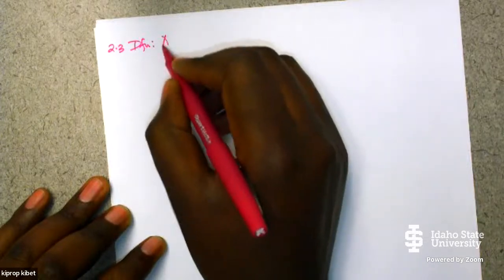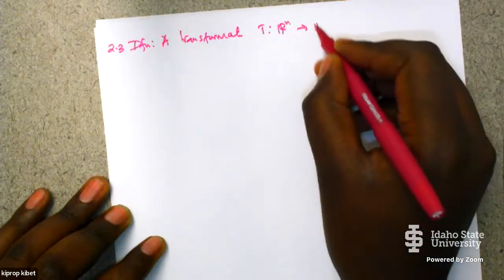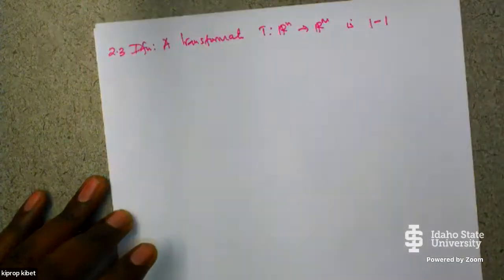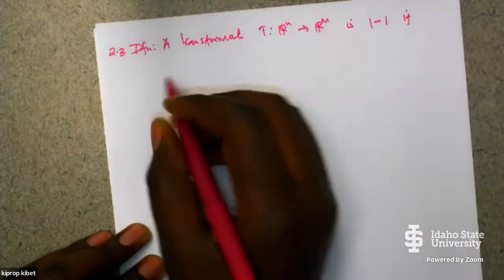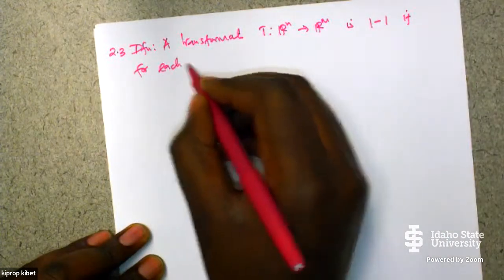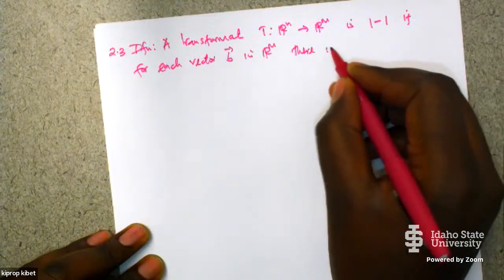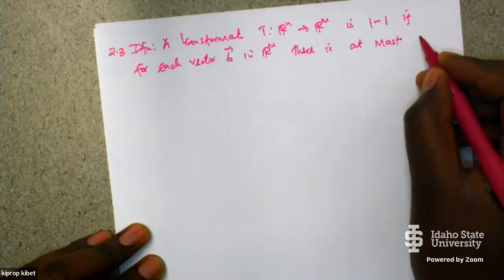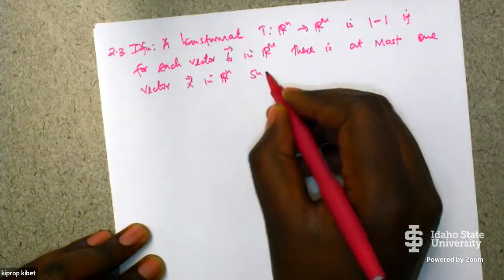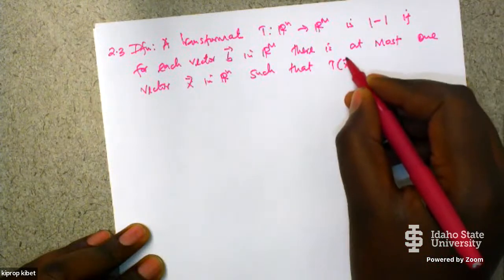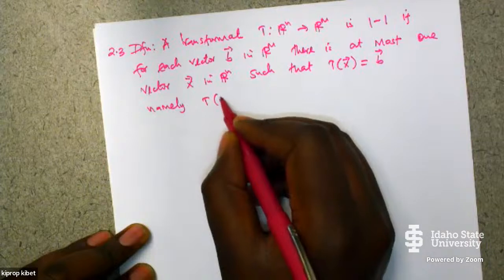A transformation T from Rn all the way to Rm is 1 to 1 if for each vector b in Rm, there is at most one vector x in Rn such that T of x equals b, namely T of u equals T of v.